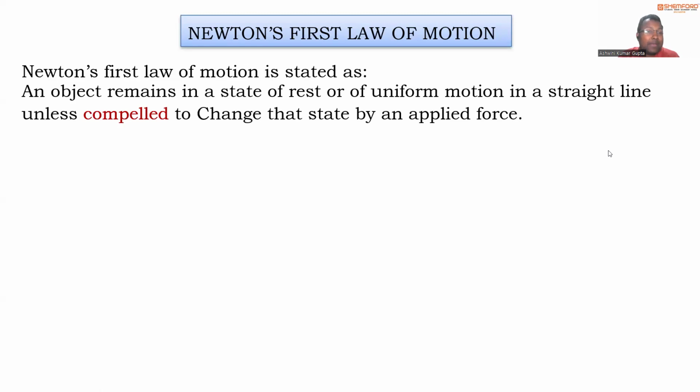This is the statement of Newton's first law, what we are dealing with. It says that any object remains in the state of rest or of uniform motion in a straight line unless compelled to change the state by an applied force.